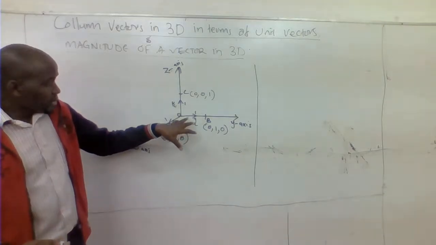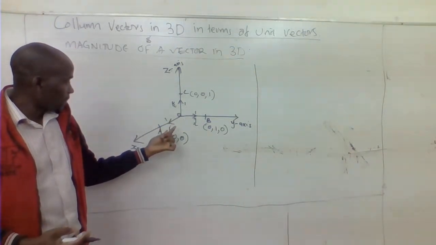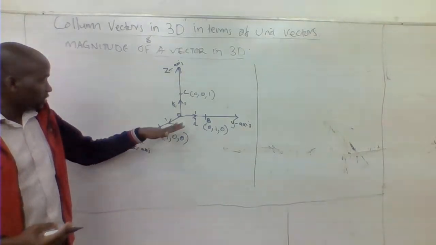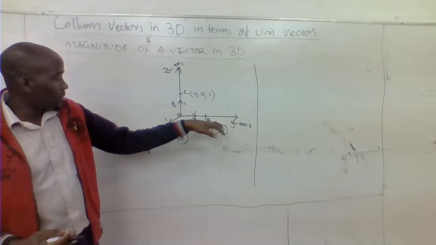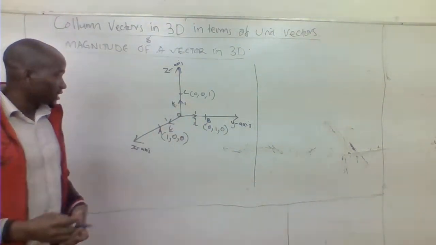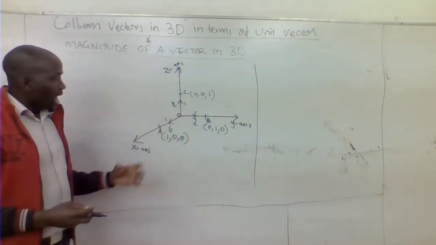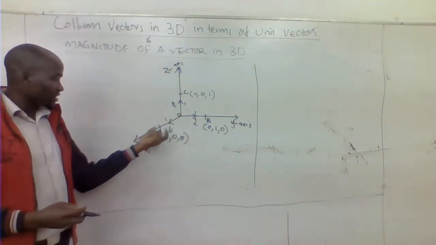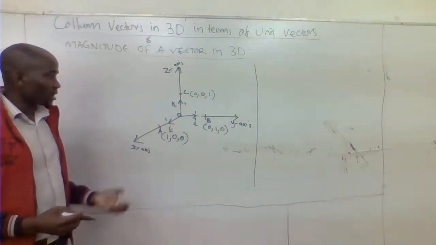Now I want us to have vectors OA, OB, and OC, which we refer to as position vectors because their reference is the origin. I want us now to write these position vectors in terms of column vectors.